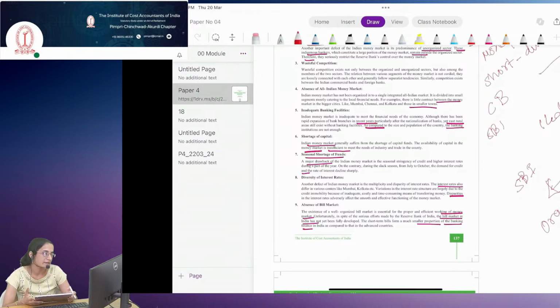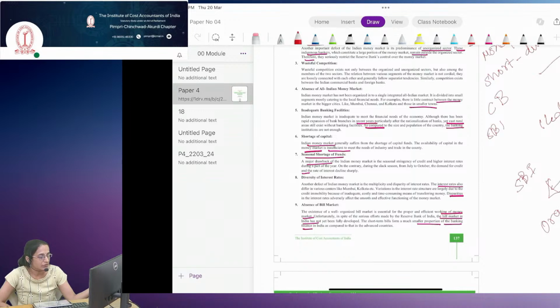Diversity of interest rates. See, again, what we saw is that this money market in India is not one single market. It is split up into different segments, like Mumbai will be different, Pune a different segment, and people operate in that particular local market. So due to this diversity, the interest rates are also different for different segments.